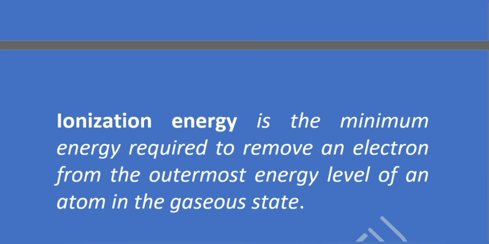Ionization energy, the minimum energy required to remove an electron from the outermost energy level of an atom in the gaseous state. So that's what we are saying, the ionization energy.